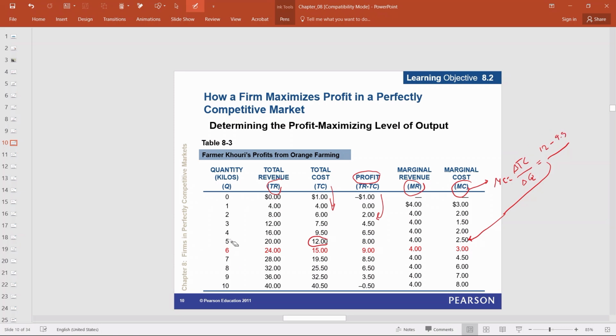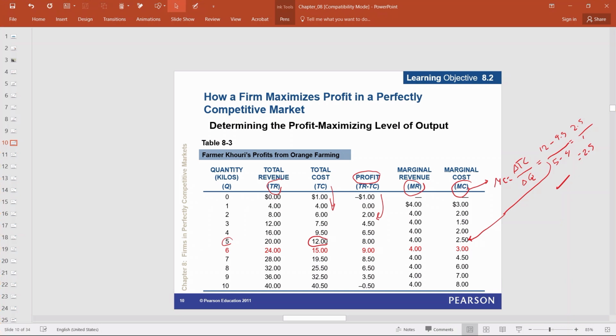And this is a new level of quantity, so 5 minus the previous level. So this yields 2.5 over 1, which is equal to 2.5. If you do a similar process for all of them, this is the way that we need to do it.